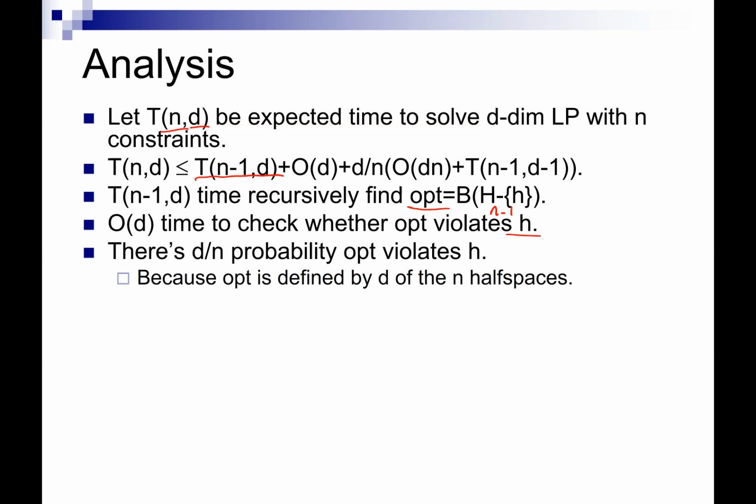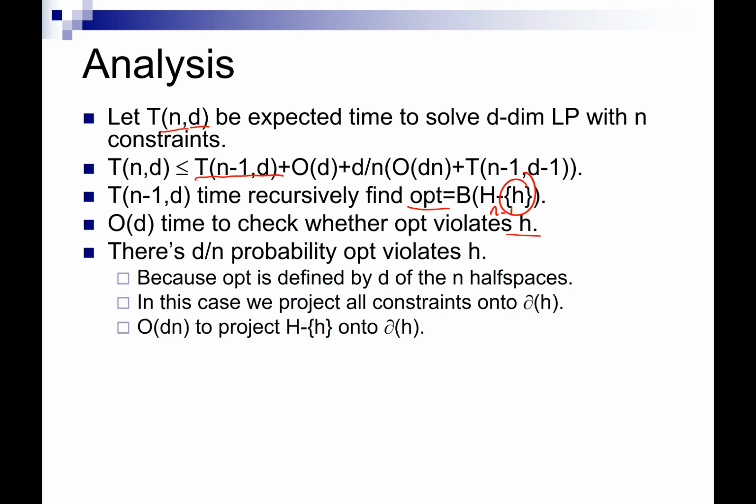The probability that this little h, this random constraint that we picked, was one of these tight constraints is d divided by n. If we picked h to be one of these tight constraints, then the optimum is going to violate h. So there's a d divided by n probability the optimum violates h.